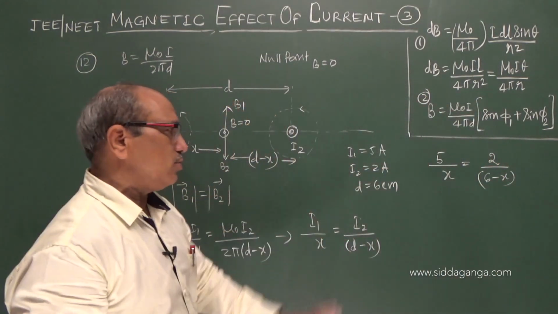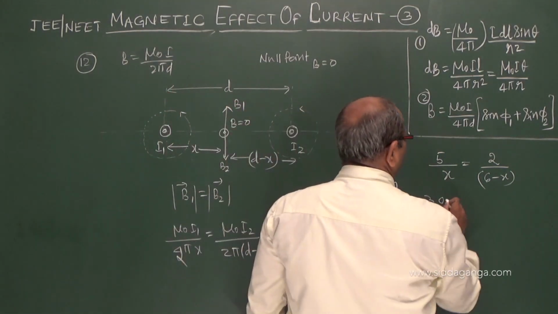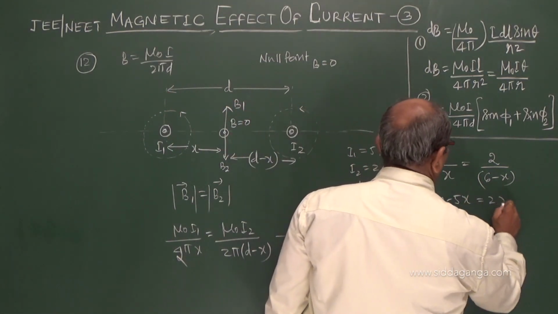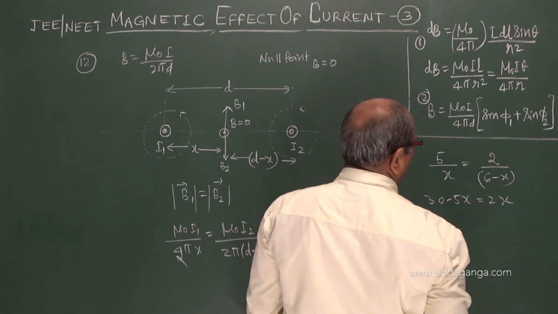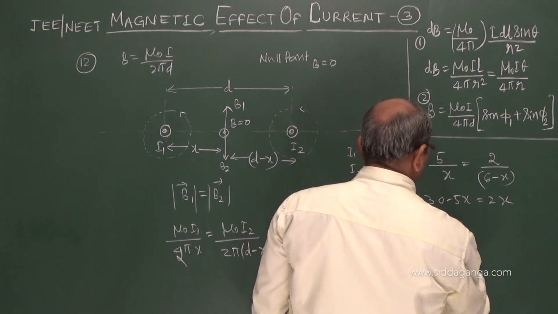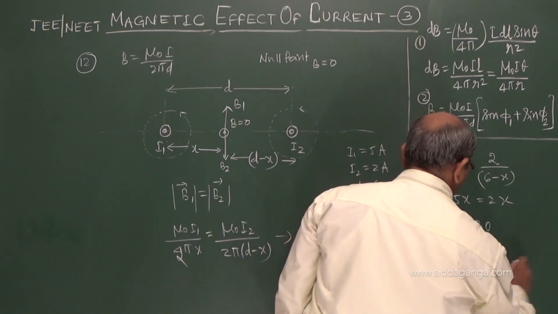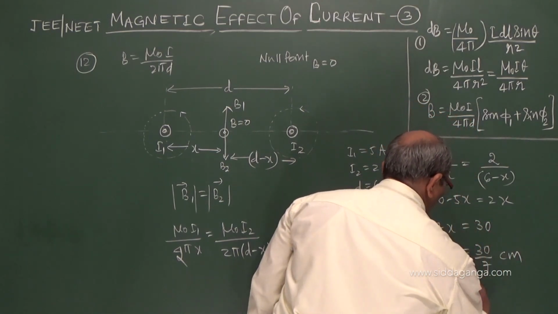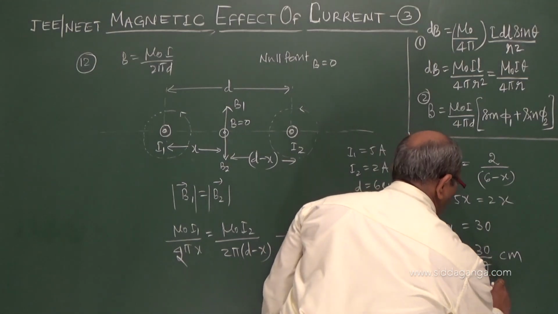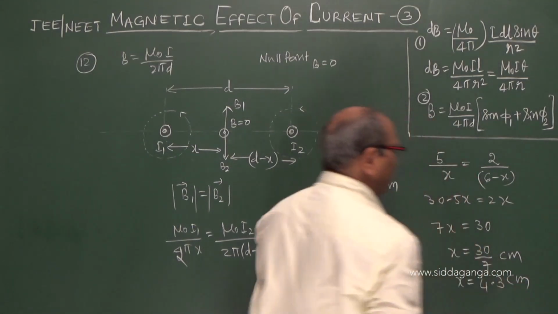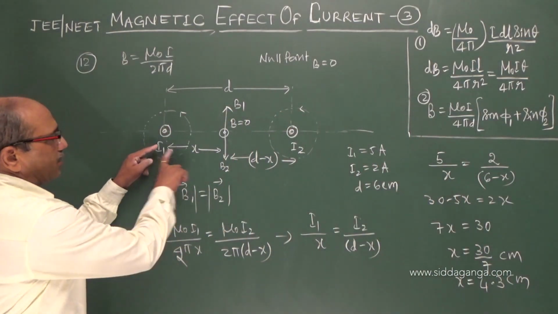So 30 minus 5x equals 2x, which gives 7x equal to 30, or x equal to 30 by 7 centimeter, approximately 4.3 centimeter from I1.